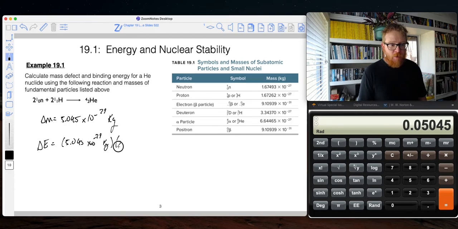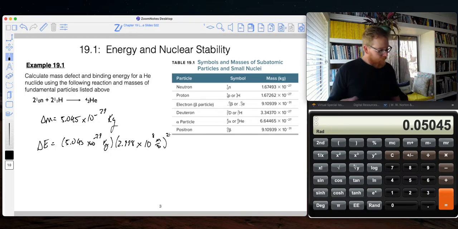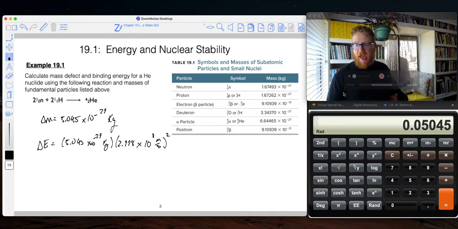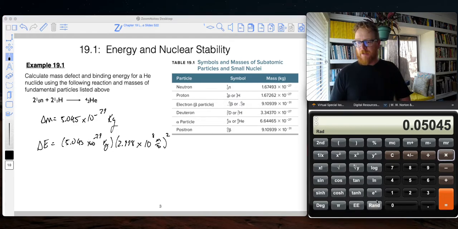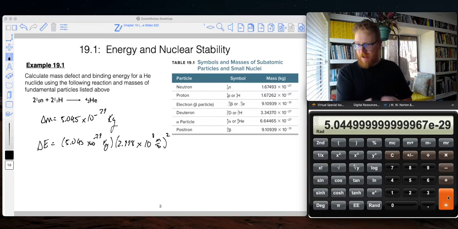Speed of light, you don't have to have that memorized. That's something I would give to you. But all the same, I have it written down here. 2.998 times 10 to the 8 meters per second, all squared. And so let's do that math. So over here, I'm going to say times 1e to the negative 27, just so I can get that number in the calculator, right?